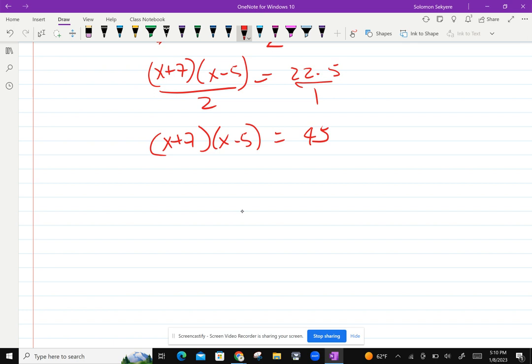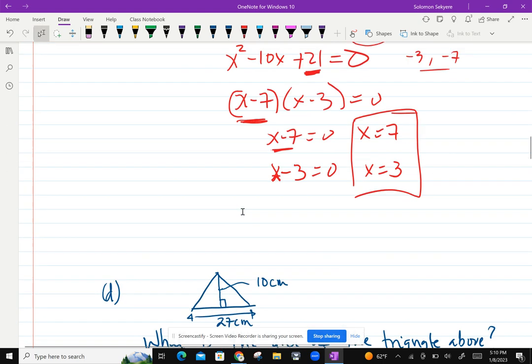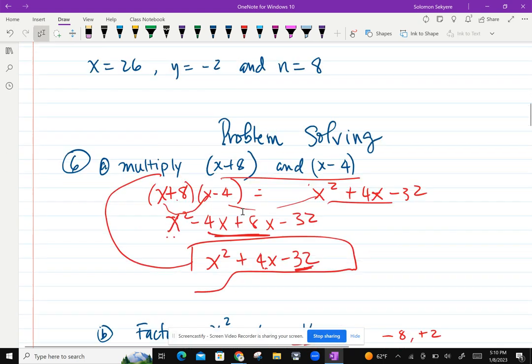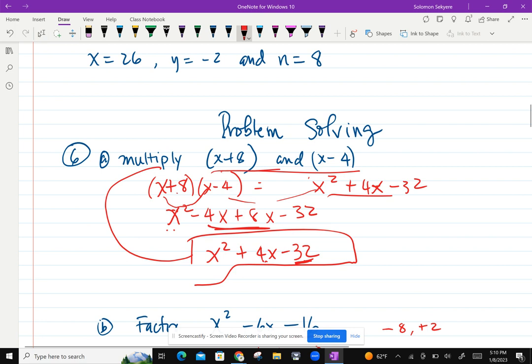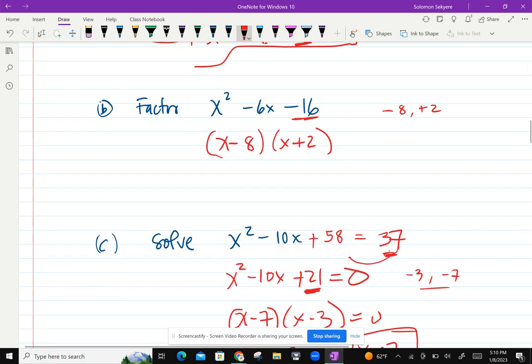You follow the rules. What do you do with this? It is x squared plus 2x minus 35 is equal to 45. You see that? You expand it. That's what you learned from the first question, to multiply these binomials, right?